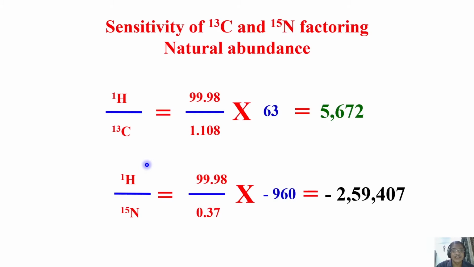Imagine how difficult the detection sensitivity is if you have to see nitrogen 15 in natural abundance when compared to proton. Nevertheless, nothing to be worried. We can detect nitrogen 15 in present day spectrometers thanks to many technological advancements. Now we can even detect nitrogen 15 in natural abundance. Of course, with a little bit of difficulty, it is not absolutely impossible. We can do that.